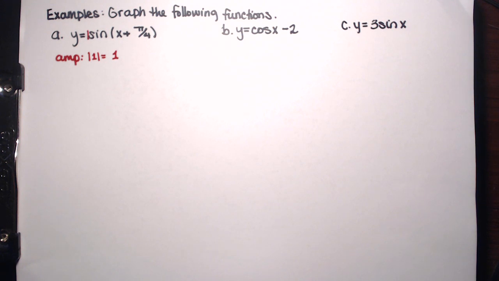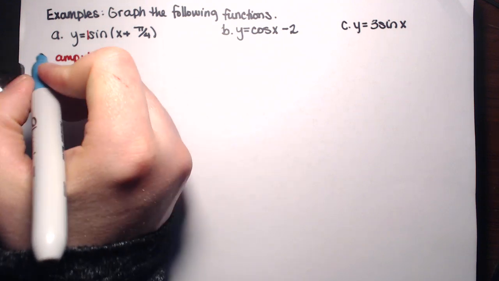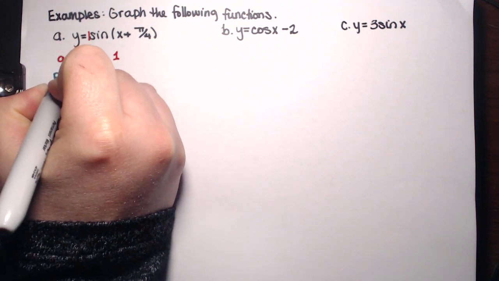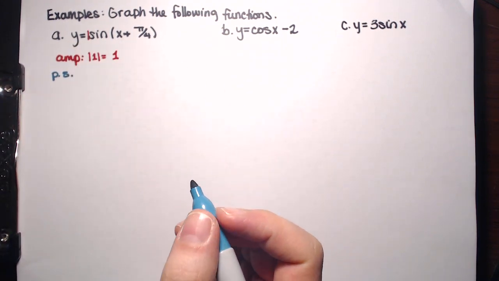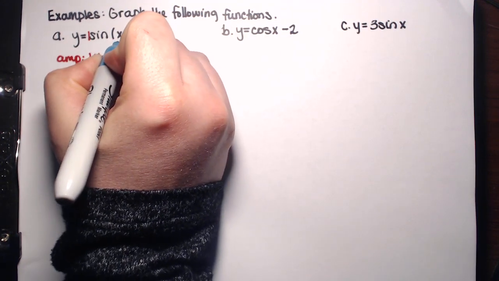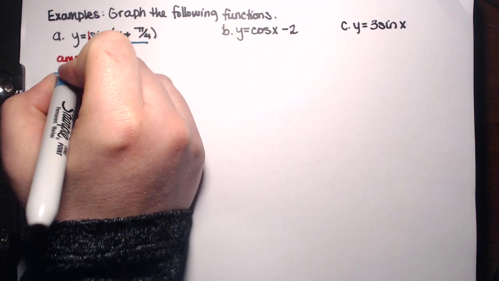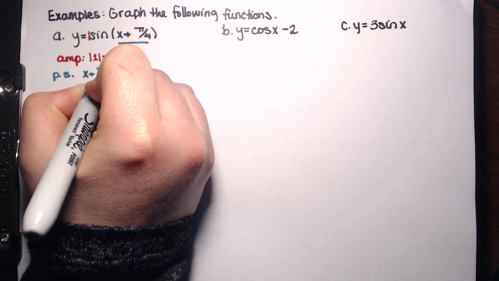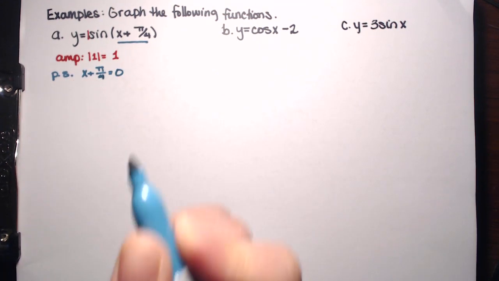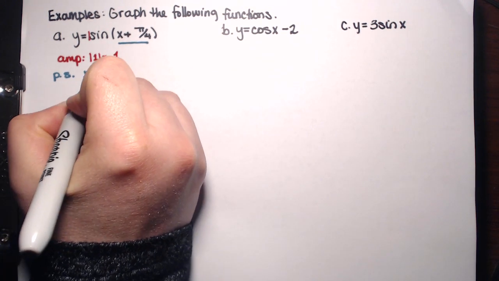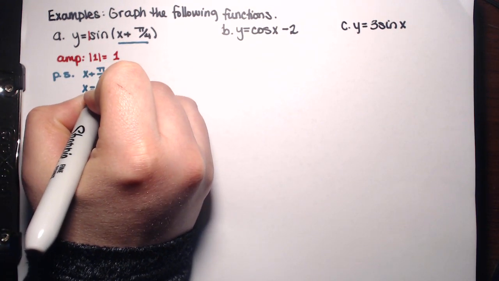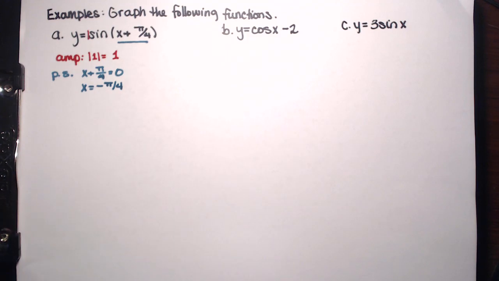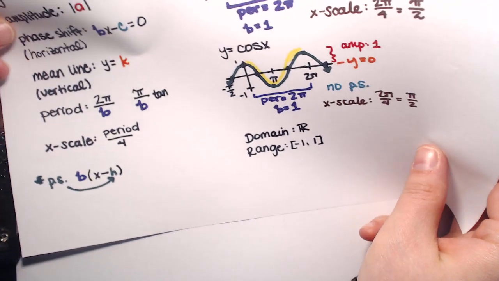Now my phase shift is going to be where you take this inside piece and set it equal to 0. So that's going to be -pi fourths. Notice that that's one of the cases where I don't really have a b value over here.